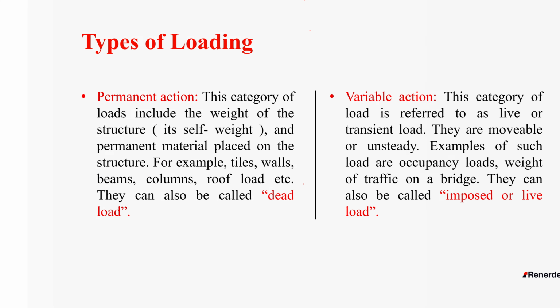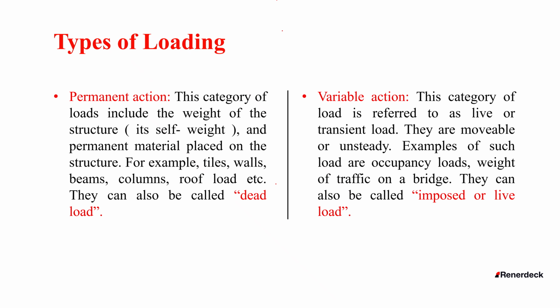Now, the types of loading, or you can call it types of action. You have permanent actions. This category of load includes the weight of the structure, that is the self weight, like the concrete unit weight, and permanent materials used on the structure during construction.